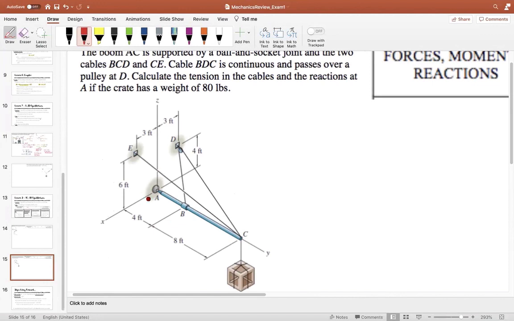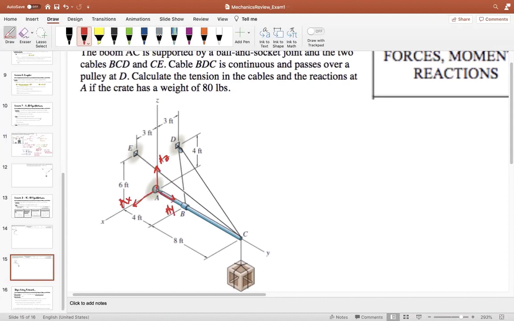That means all of the reactions happening here are forces in every direction, but there are no moments, because it can spin as much as it wants. So here is going to be an Ax, a Z, and a Y.